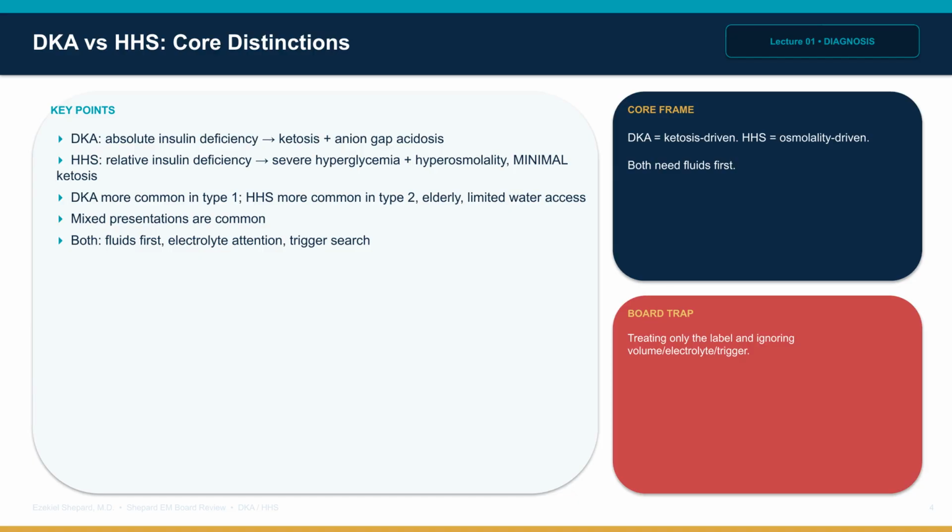DKA is more common in type 1 diabetes, however, it is not excluded in type 2. HHS is more common in type 2 diabetic patients, elderly patients, and those with limited water access. Mixed presentations are highly common. The board concept is that both require fluids first, both require electrolyte attention, and both require a trigger search for what caused it.